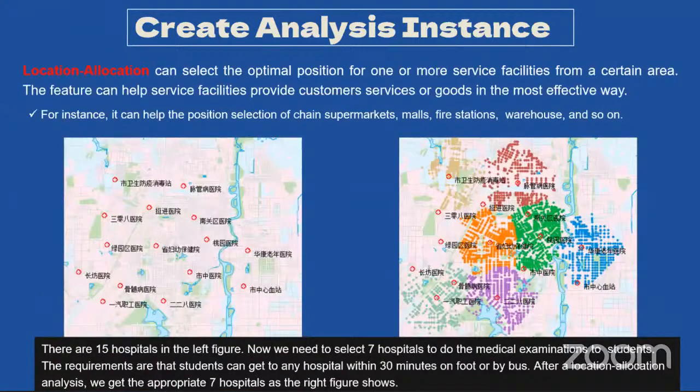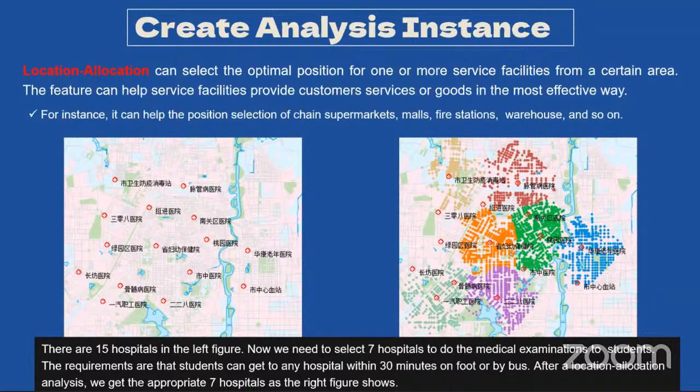So next we have location and allocation, which helps to select the optimal locations from many candidate positions according to the specified parameters. This location allocation analysis helps to provide a reference for finding the location of service facilities. As you can see, it can help with the position selection of chain supermarkets and so on.